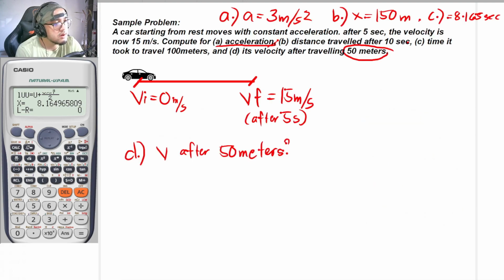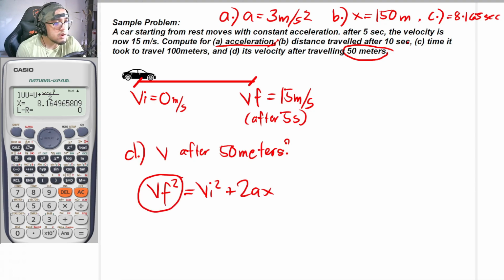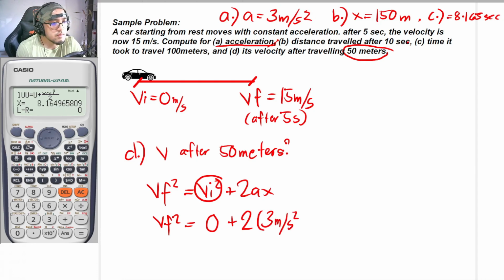Okay, so VF squared is equal to VI squared plus 2AX. Our VF squared is our velocity after 50 meters. So VF squared is equal to VI squared, and our VI once again is 0, plus 2AX. So 2 times acceleration, which is 3 meters per second squared, times the value for our x, which is 50 meters.